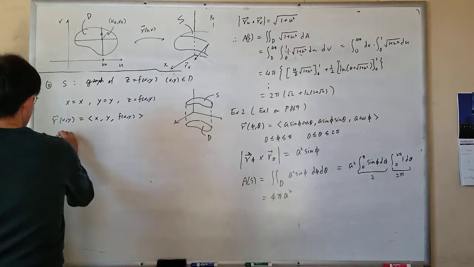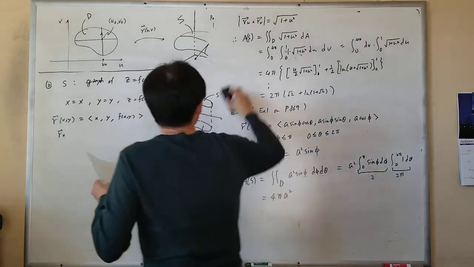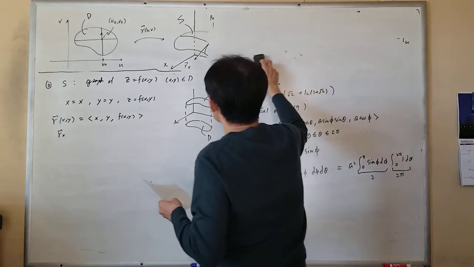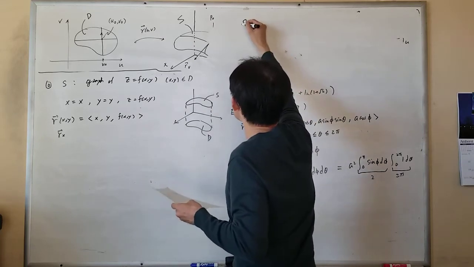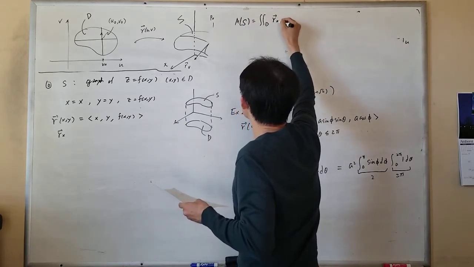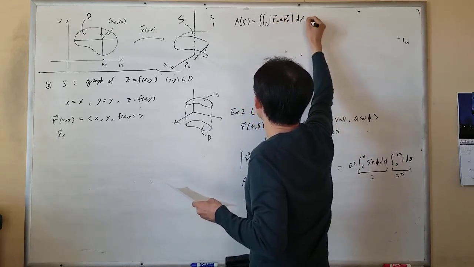Then we're going to use the same formula. The surface area was the double integral of the magnitude of r sub u cross r sub v dA.